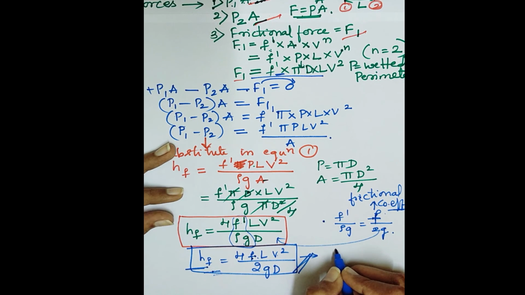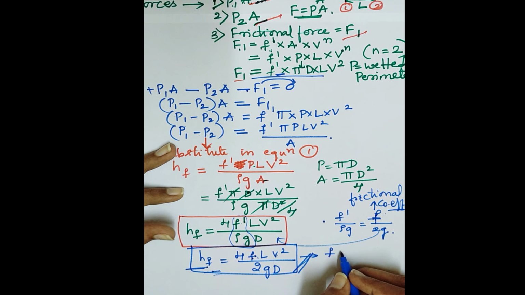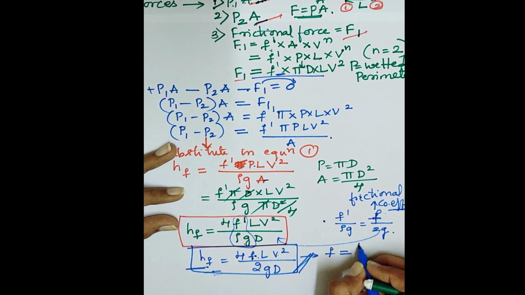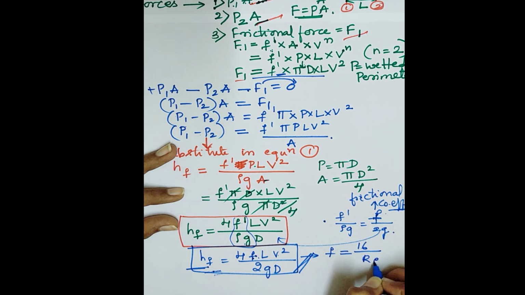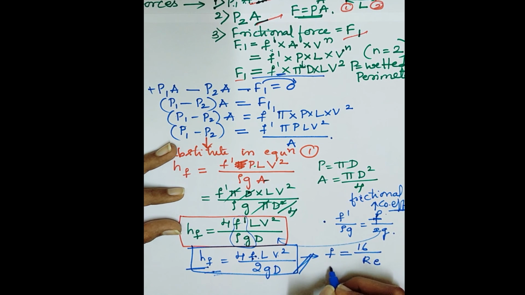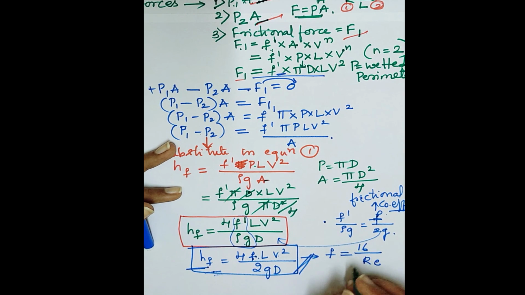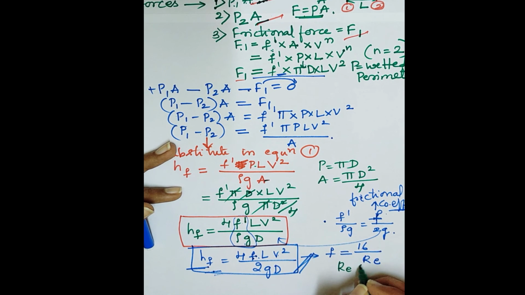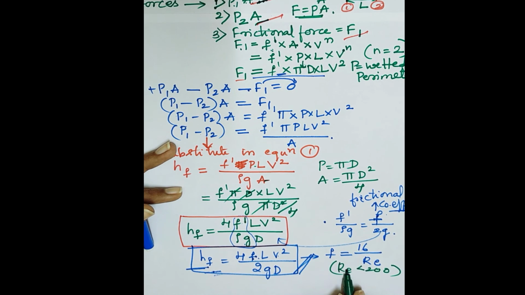For example, if the frictional coefficient value is not given, then you can calculate this F. We have a formula to calculate that frictional coefficient, that is F is equal to 16 by RE, if RE is less than 2000. So if RE is less than 2000, you can use F is equal to 16 divided by RE.